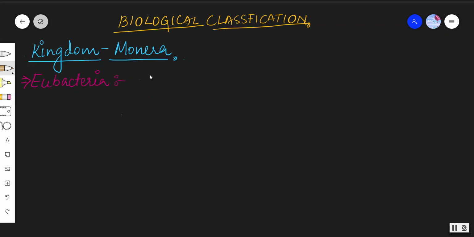Okay, and Monera is divided into two main divisions, that are Archaebacteria and Eubacteria. I guess that much is clear, and we have already drawn its broad classification actually. That is, Monera is divided into Archaebacteria and Eubacteria, and Eubacteria is divided into bacteria and cyanobacteria.